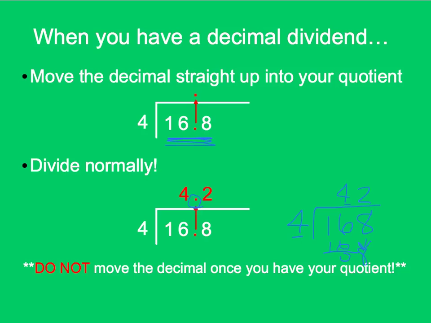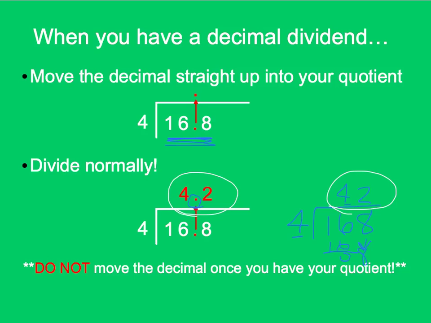So if you're looking at this problem, notice that the digits in my blue problem over on the right are the exact same as the digits in my red and white problem on the left. Notice the only difference is that I've already brought that decimal point up.